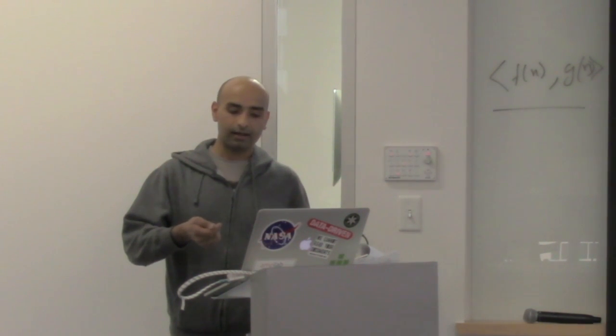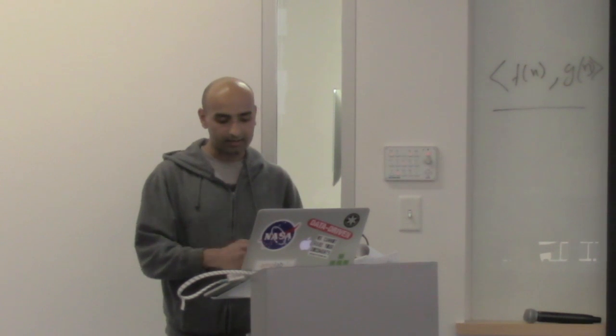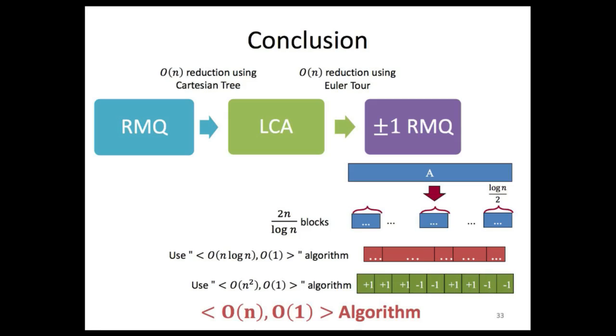And as it shows, you do the whole thing about dividing it into sub-blocks of length log n by log n, and doing all that. What you end up with is a final solution to the range minimum query and LCA problem in O(n) and O(1).